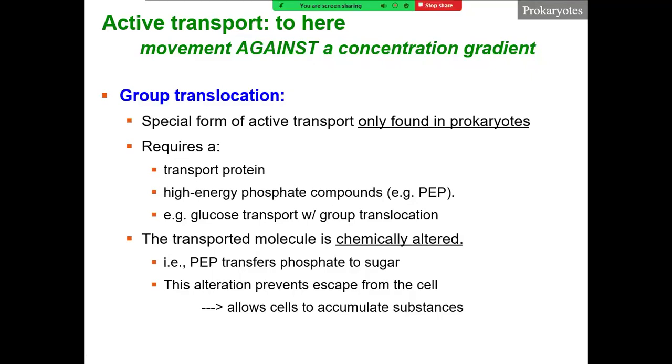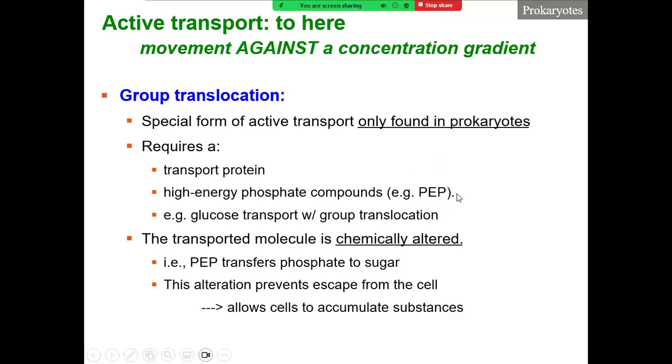Group translocation is found only in prokaryotes. It is a special form of active transport where a molecule is moved across the cell membrane by a transport protein. So you do have the transport protein. It does require the cell to expend energy, but that energy does not usually come from ATP. It comes from some high energy phosphate compound, such as PEP.